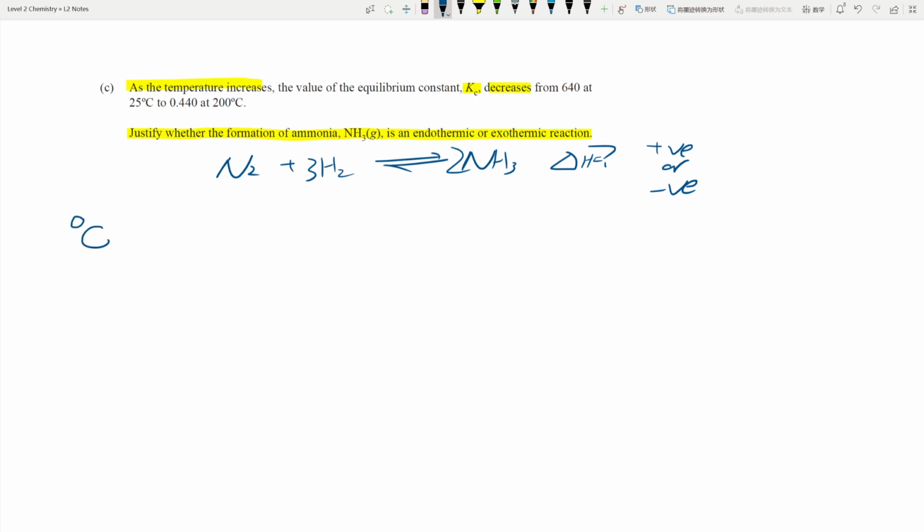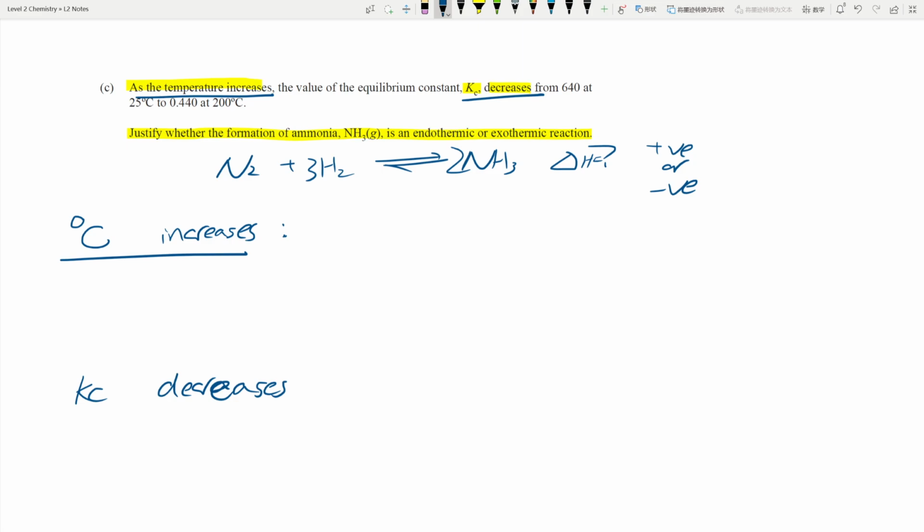Temperature increases. This is from the question. Kc decreases. Let's just write it down and think about what it does. Let's start from the top one. Temperature increases. This goes back to the Le Chatelier principle.